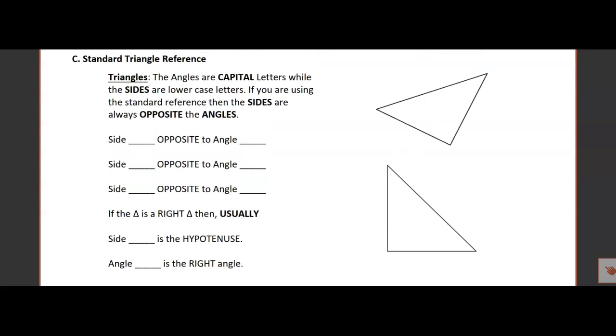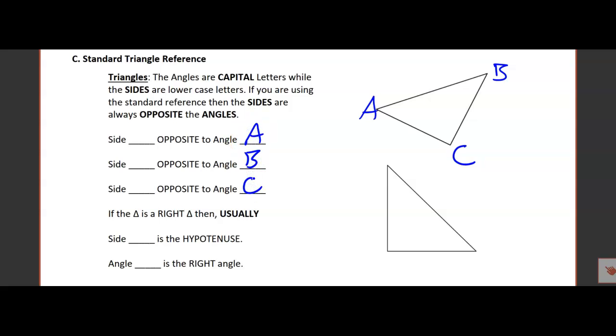Okay, when we are randomly using triangles, and the rest of the triangles in here and in 6.2, you'll start seeing that triangles are labeled, okay? And essentially they're labeled A, B, C. Okay, and then your sides.